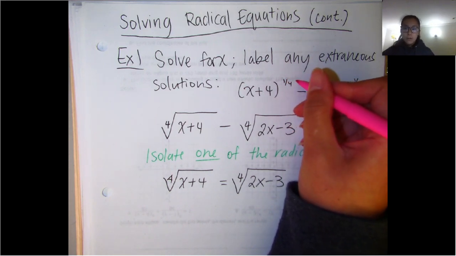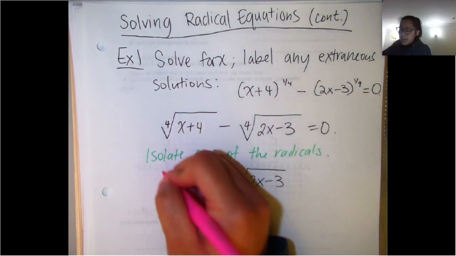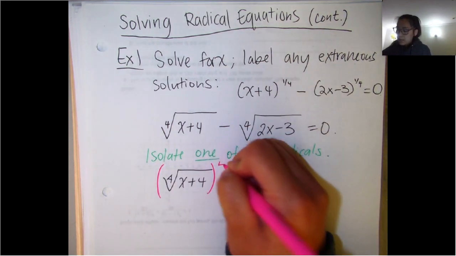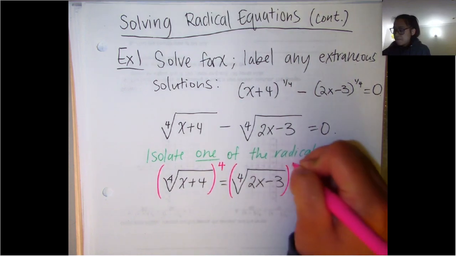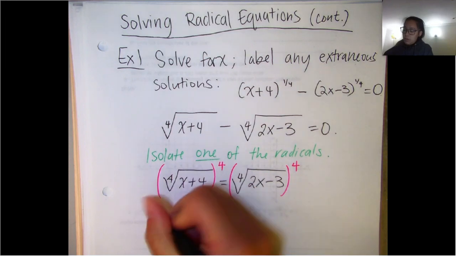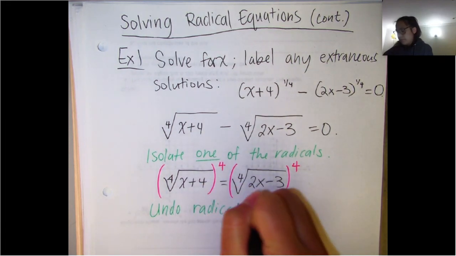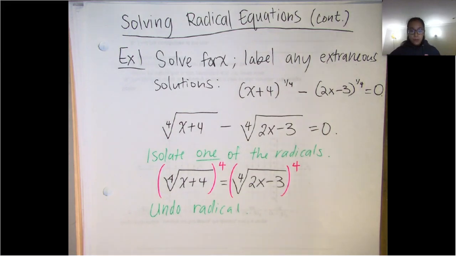The 1/4 times 4 becomes 1 and cancels out. So in this case, we're going to take both sides to the 4th power. What we're doing is undoing the radical, and this happens to undo both of the radicals.